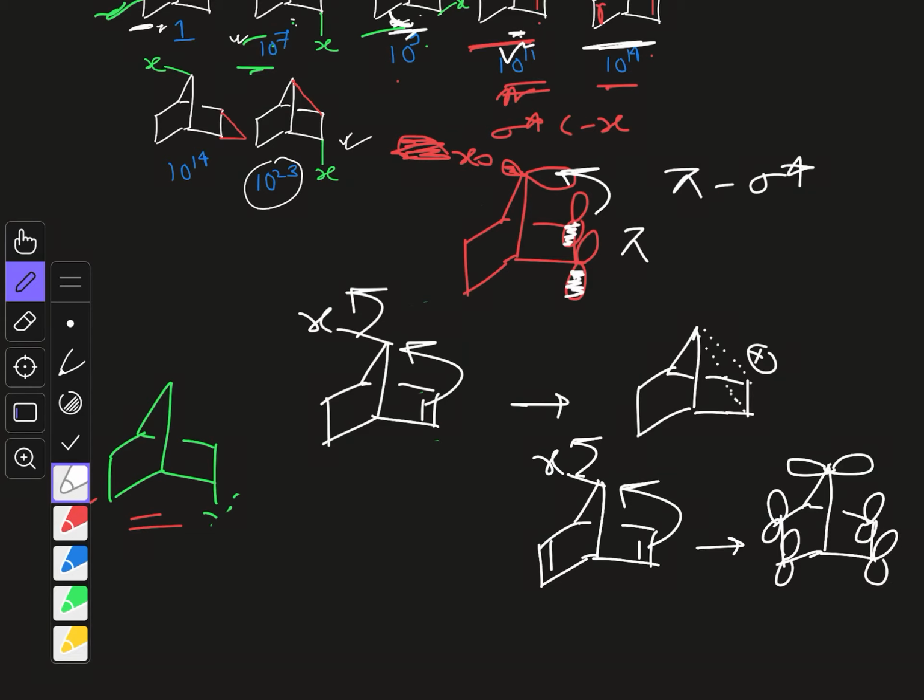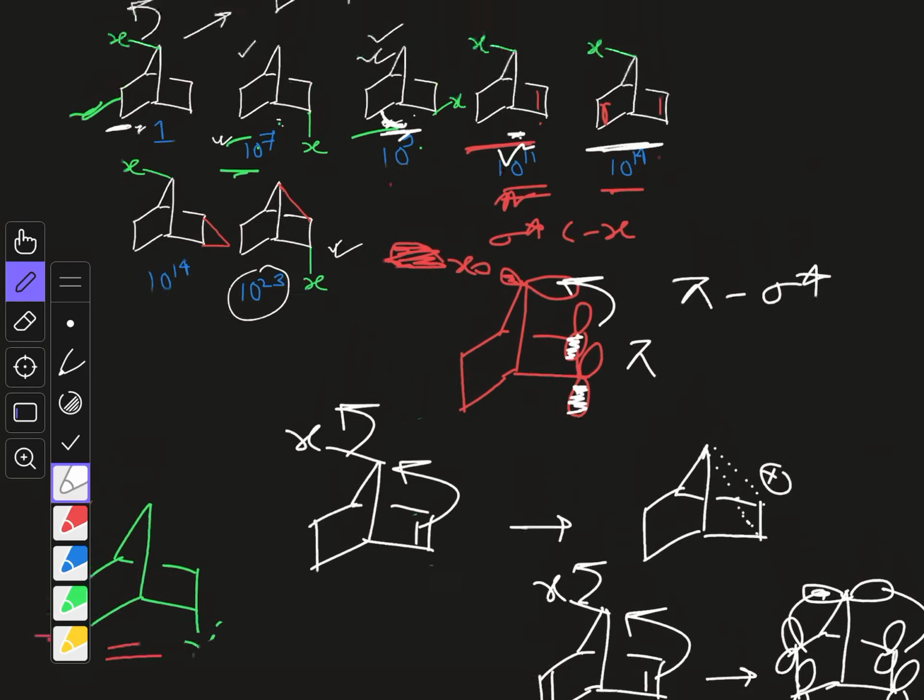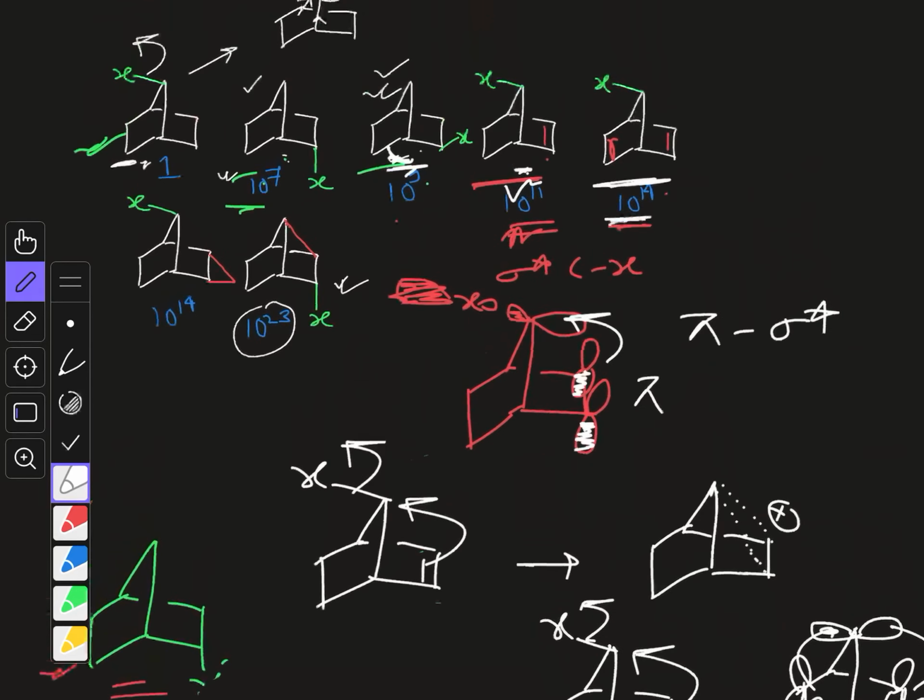So now both can overlap. From both sides the stabilization is there, so that's why this rate is 10 to the power 14 compared to 10 to the power 11 here. So you have to consider both sides.